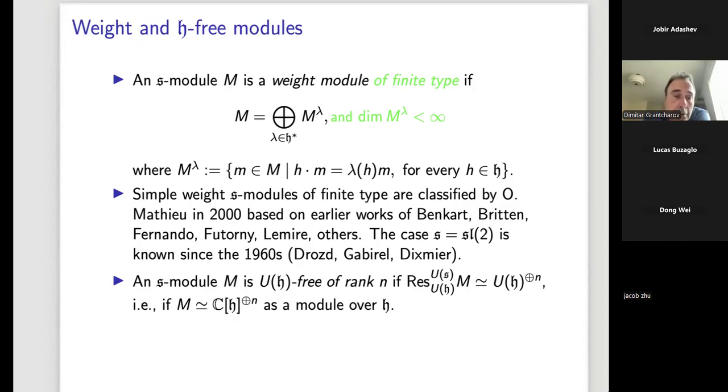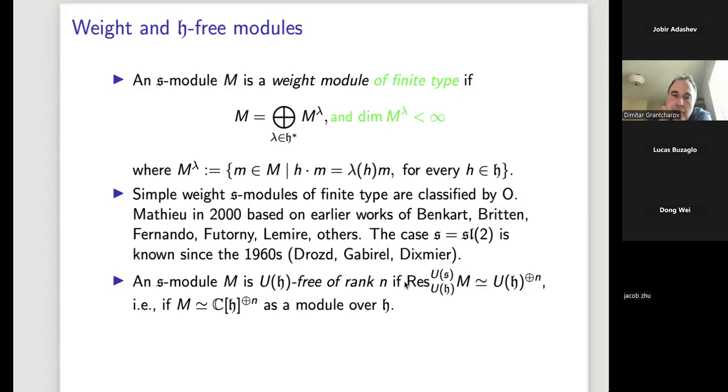So we will look at modules that are free over U(H), more precisely as this isomorphism states. We look at modules that are a finite direct sum of copies of U(H) when restricted to U(H).